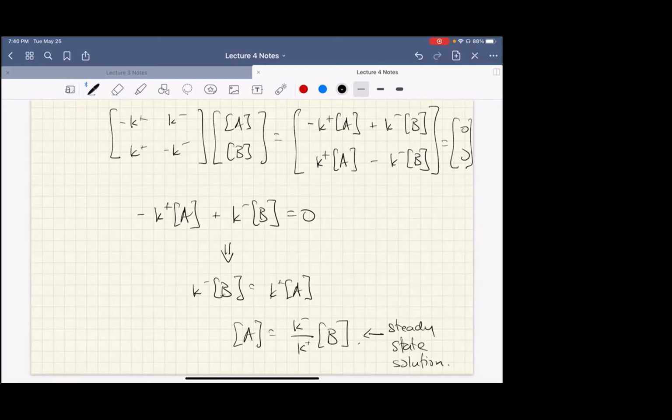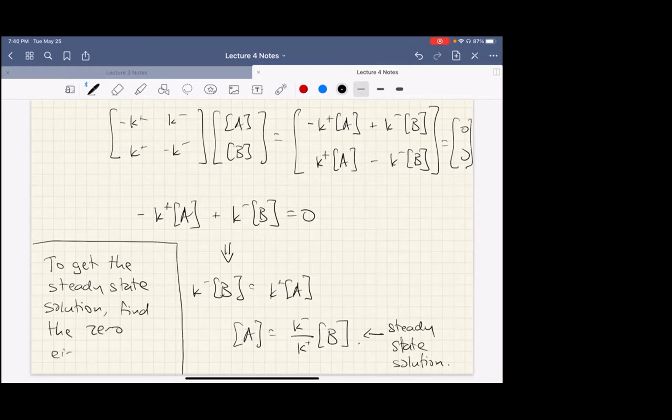And the take-home message is that to get the steady state solution, find the 0 eigenvector. And again, you don't have to solve it this way.